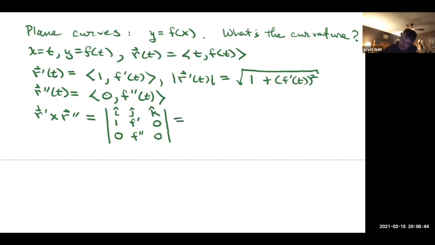And you can kind of do the work in your head, but it's not hard to see that if you do the i component, you'll get 0 minus the j component. And as I said before, you can see that the determinant is going to be 0 minus 0 there as well. So we can say j times 0. And then plus the k component, which will be the only component.